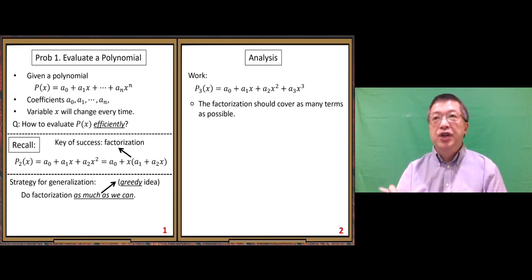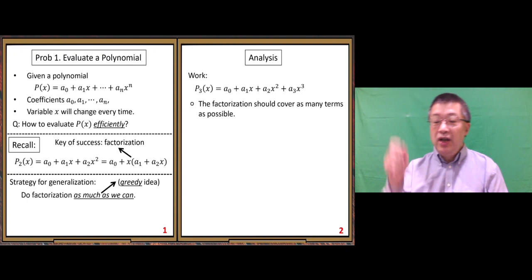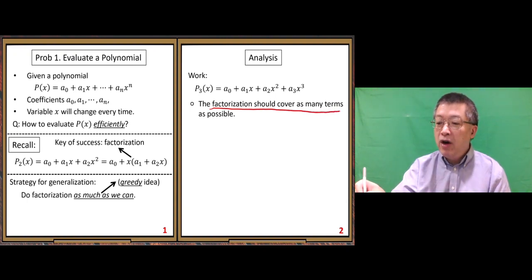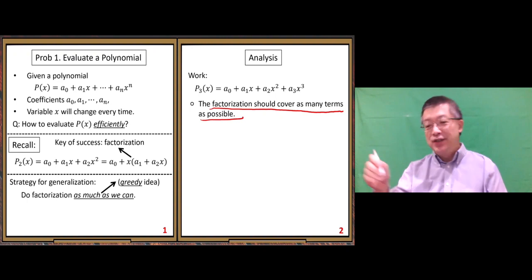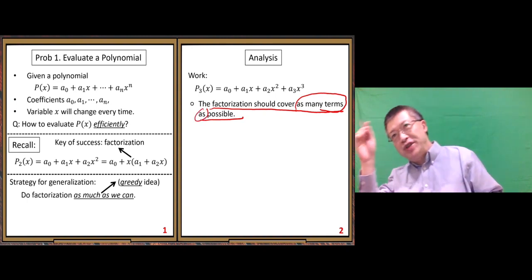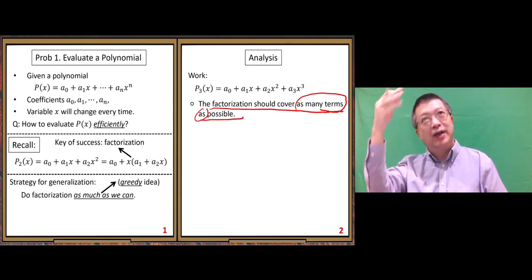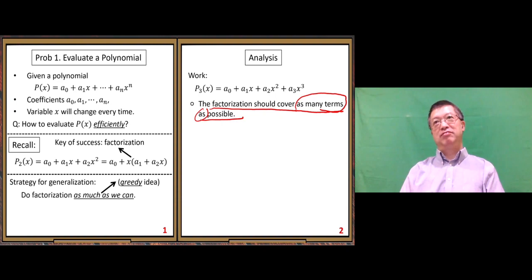What do you mean to be greedy using factorization? The specific meaning is the factorization should cover as many terms as possible. You can see as many as possible, as much as possible. This phrase is kind of related to greedy action, right?